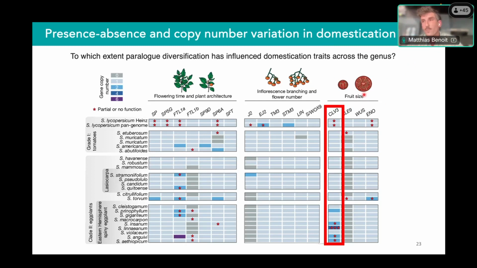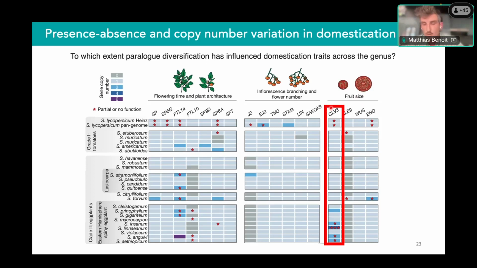And they end up in what we call fasciated plants, with stems that are much larger, showing some type of fusion, enlarged flowers, and at the end of the day, enlarged fruits. And this increase in fruit size is largely driven by an increase in the number of seed compartments inside the fruit, which is called locule number, right? So this CLAVATA3 gene is a major domestication gene in tomato.